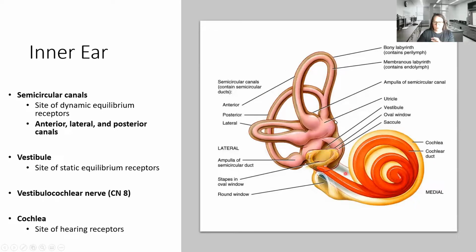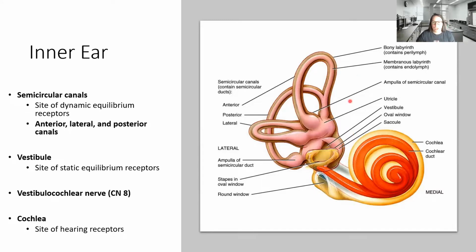We have a big fat area, which is the vestibule, and then we have our canals here, the semicircular canals. Both of them are detecting acceleration and deceleration, so movement and stopping of your body and head. And we'll go into a little bit more detail in lecture about exactly what you're experiencing. And of course, you'll hit it very hard in physiology.